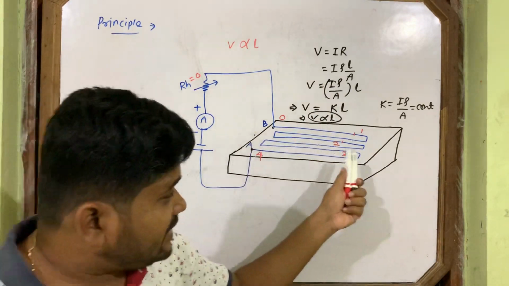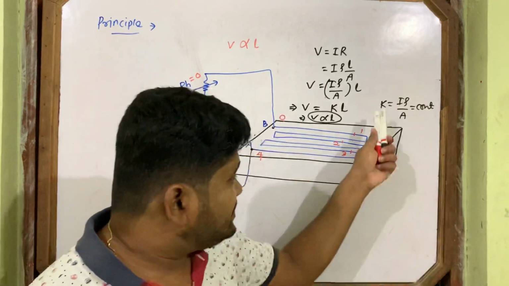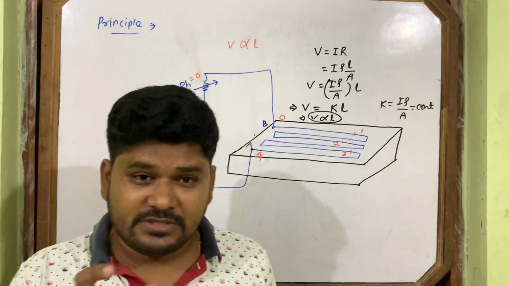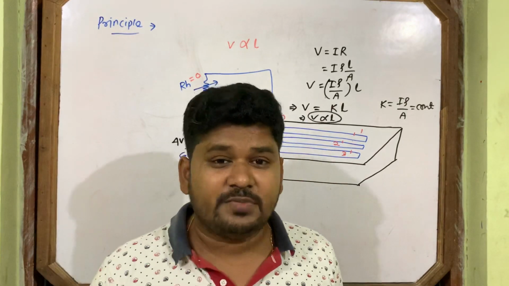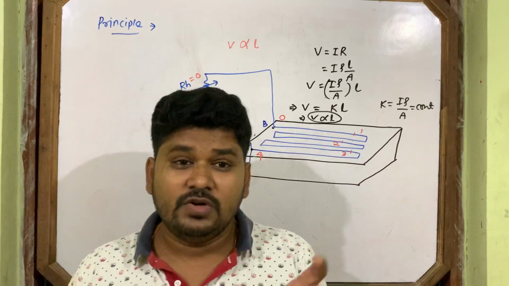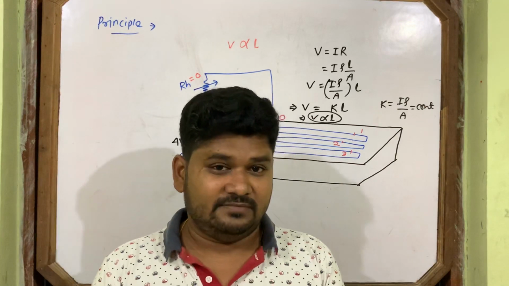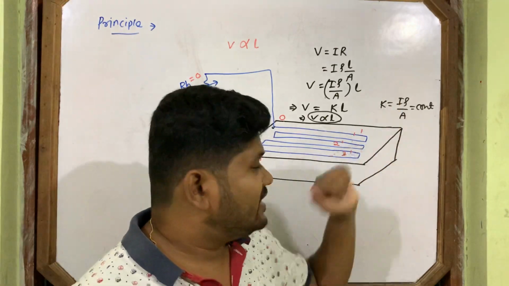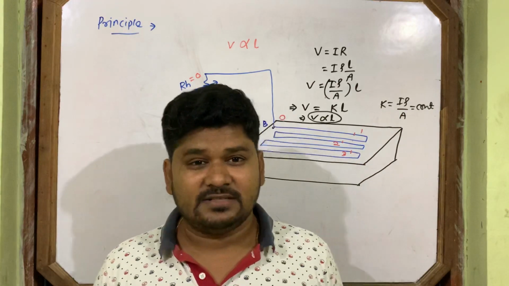But in the principle of potentiometer, you have to mention this condition. Current has to be constant, area of cross-section should be constant. Again I am telling you the correct principle. What you have to write: the difference of potential between 2 points of a wire is directly proportional to the length between the 2 points, provided constant current should pass through it and area of cross section of the wire should be constant.